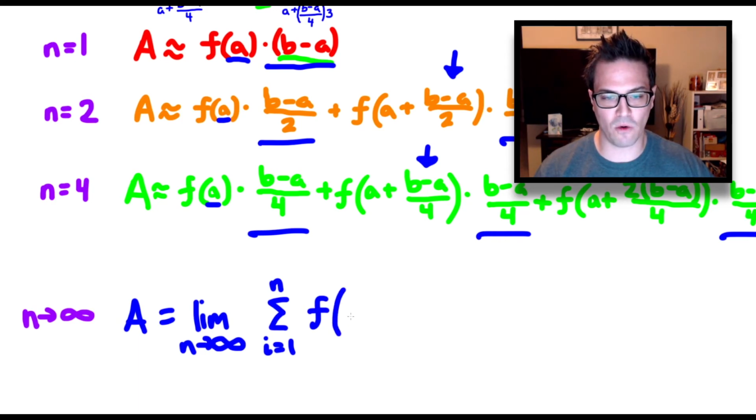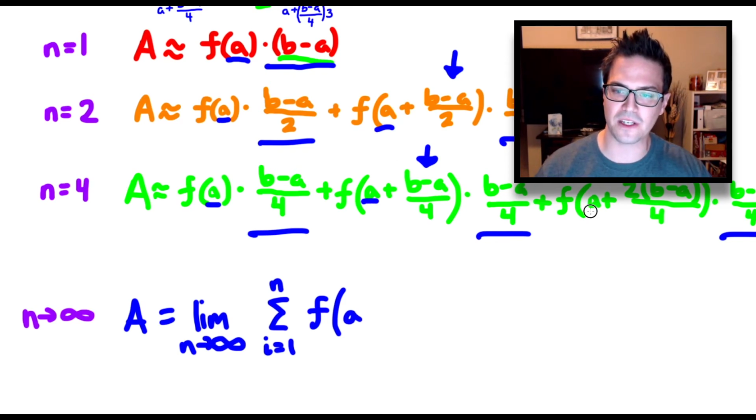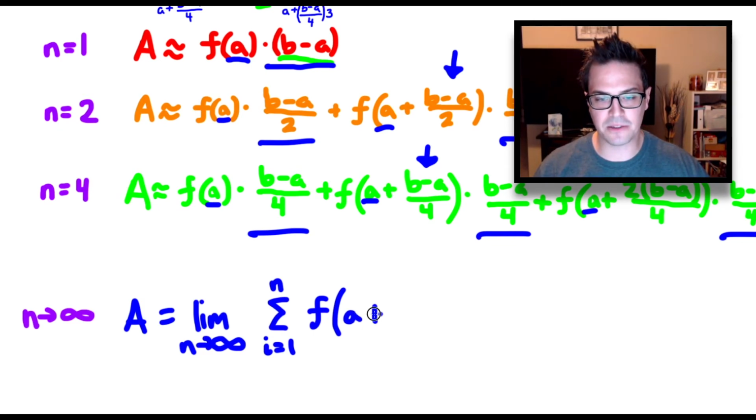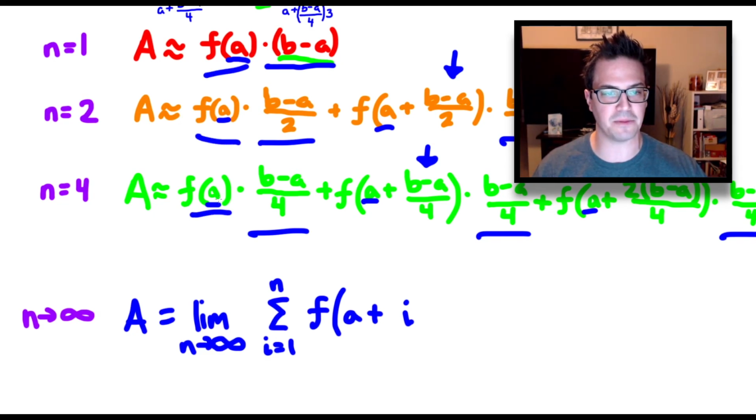And if you notice, every single one of them starts with a. Every one of these patterns has an a here, here, here, and so on. So we're going to have that a there. And then we're going to add our i. But if you notice, our i starts with 1 here. The i for this one is actually 0. The first part for each of these is going to be 0. So we need to subtract off 1 and put it in parentheses.